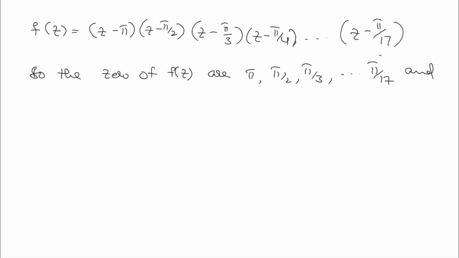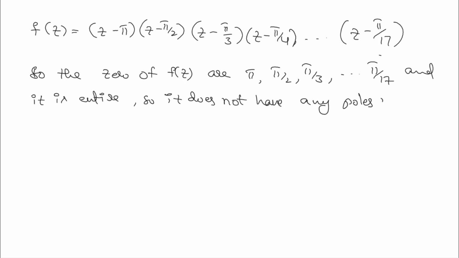Since it is a polynomial, that means it is an entire function, so it does not have any singularities, and it does not have any poles in C, the complex plane.